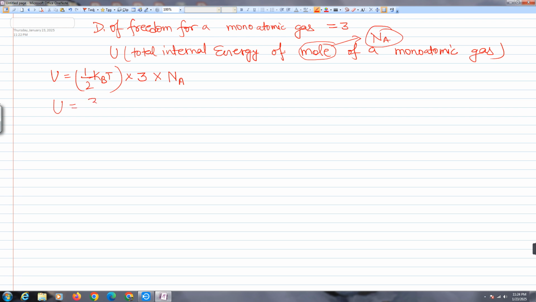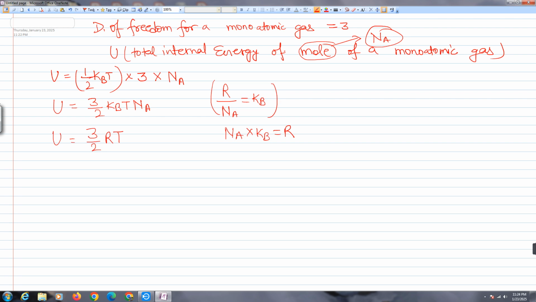U can be written as 3/2 kBT multiplied by Na. We know that R, the universal gas constant, divided by Na is equal to the Boltzmann constant. So if we multiply these two, Na multiplied by kB, it will give us R. So we can write the value of total internal energy as 3/2 RT, correct?